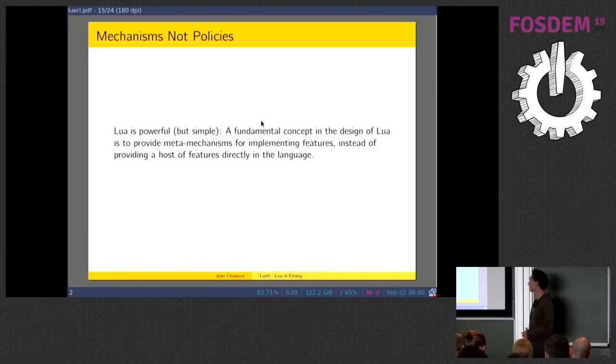Lua on the other side is famous for giving you mechanisms and not policies. It's a simple language with simple concepts that provide you the mechanisms to implement the rest of the fancy features that you might need, instead of providing all of that directly to you.